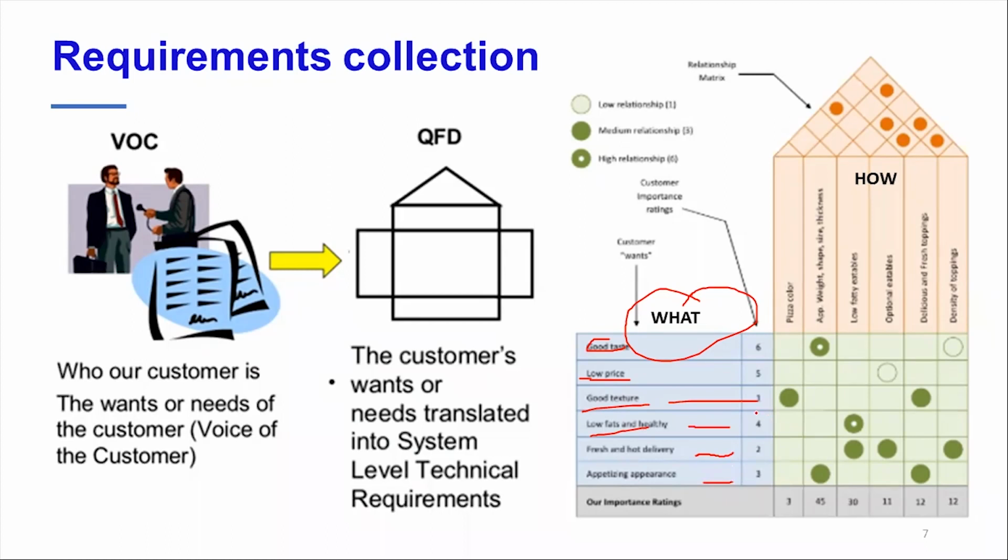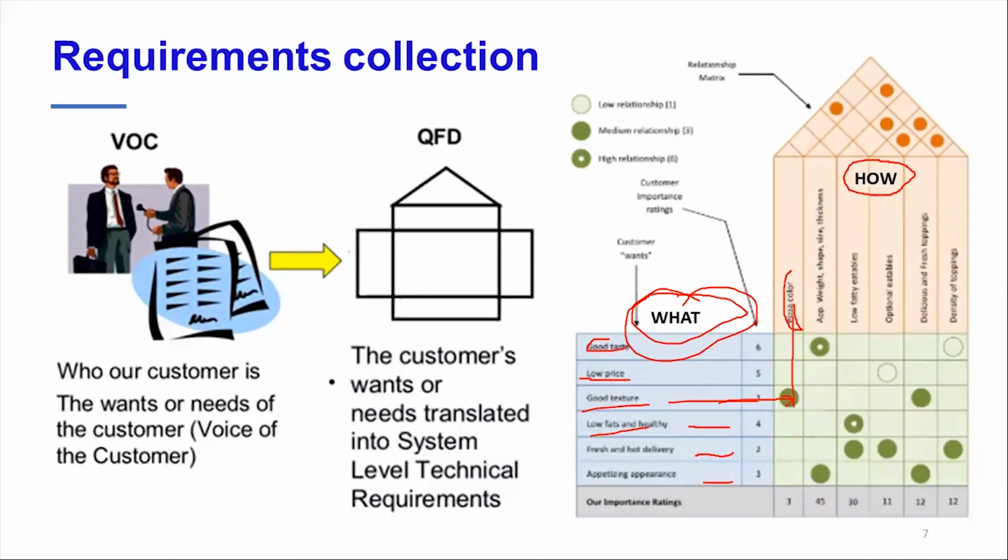So what you try to get here is, how should I get less cost? Here the material should be cheaper, my production process and my engineering cost, everything should be low. So here you have all the whats which are given by the customer, and on this side you have all the hows, as in how you are going to achieve that.